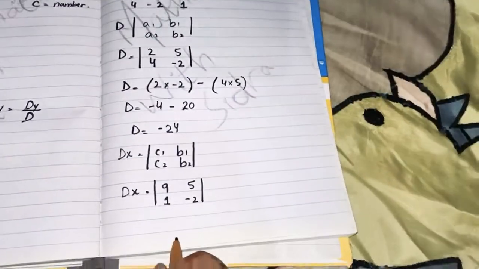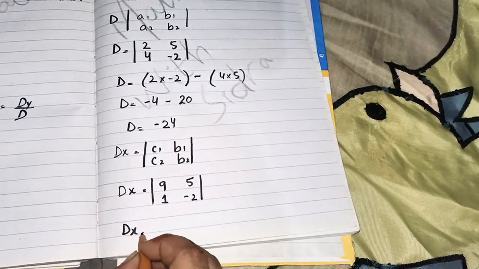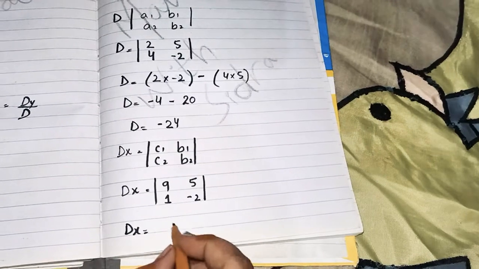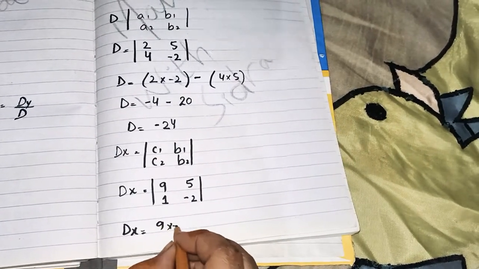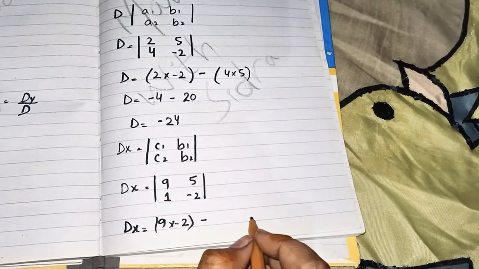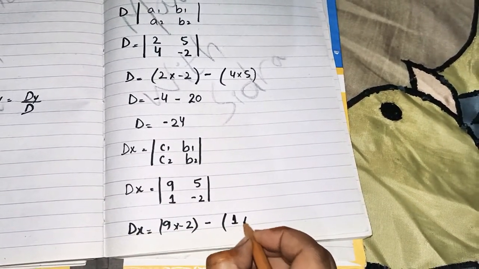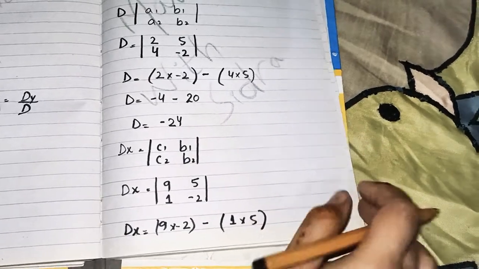Now simple, you have to write this value again in the cross multiplication form. 9 multiplied by minus 2, and we have the minus here according to the formula, and 1 multiplied by 5. Move to the next page.